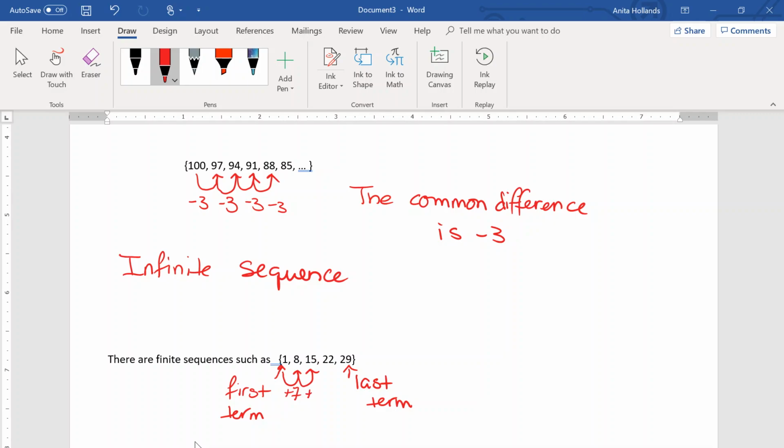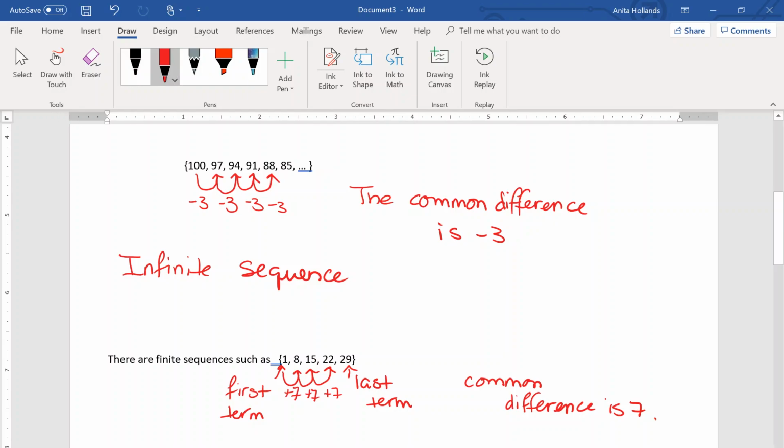Similarly, to go to the third term, I had to add 7, and to go to the fourth term, I have to add 7. So in this case, the common difference is 7.